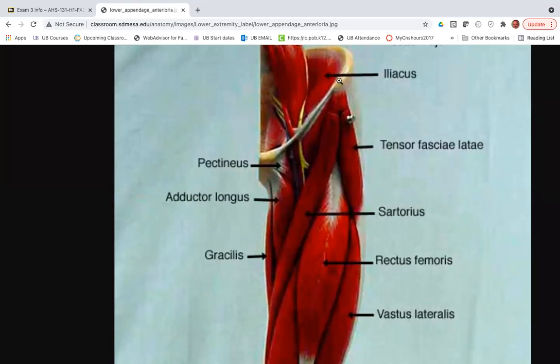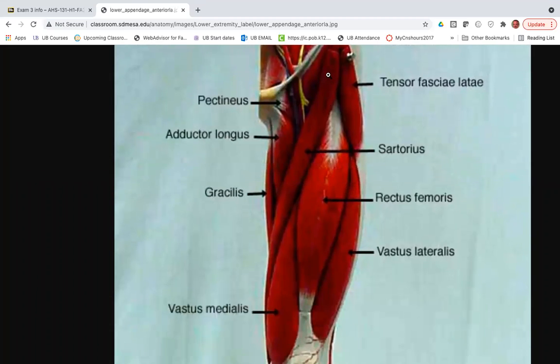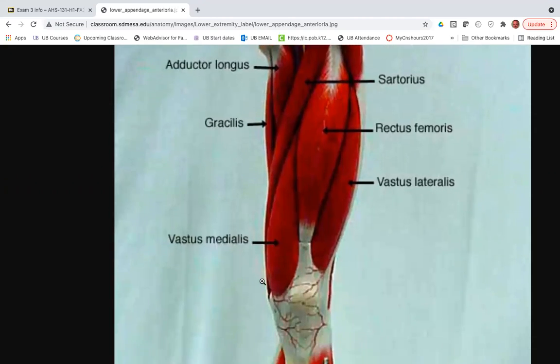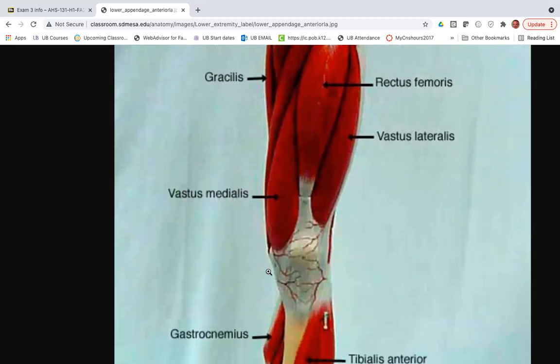It originates here on the anterior superior iliac spine. And if we follow it, it runs obliquely, and then it has its final insertion site on the tibia, just medial to that tibial tubercle.